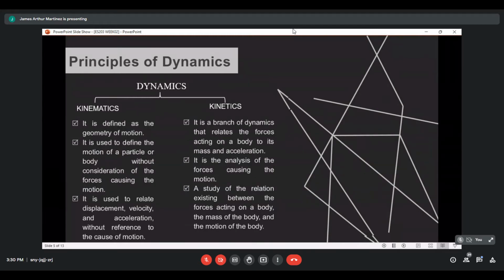But here in kinematics, our main consideration is just the movement of the body alone, not the force acting on or applied to the body to cause motion. It is also used to relate displacement, velocity, and acceleration without reference to the cause of motion. So this keeps being repeated: without reference to the cause of motion.